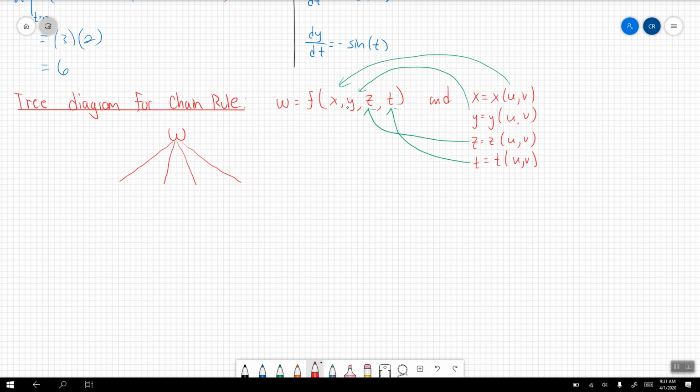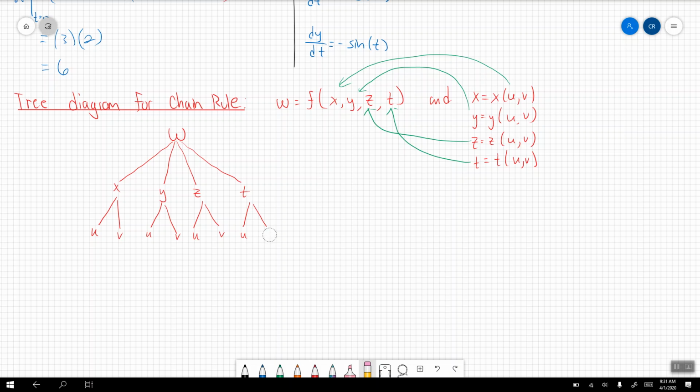W is made up of x, y, z, and t, so this is where we input x, y, z, and t. Now, x is then broken down into u and v, which means x contains u and it contains v. Y contains u and it contains v. Z contains u and it contains v, and t contains u and it contains v.